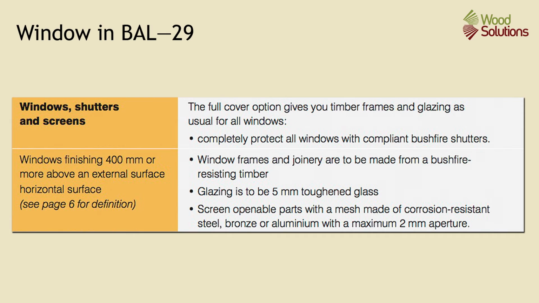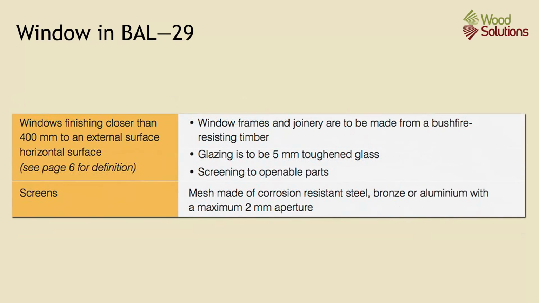In this BAL, timber can be used without restrictions for windows or doors if they are completely protected externally by a complying screen. As the screen protects the windows, they are not exposed. If the screens are not there to protect the timber, the windows or doors have to be a bushfire resisting timber species. Glazing constraints also apply.